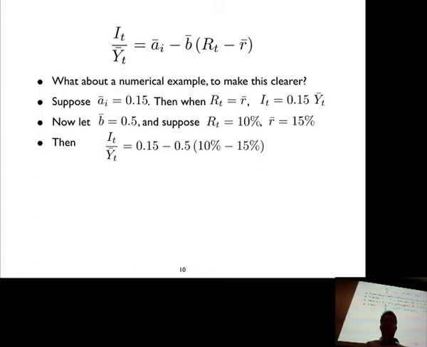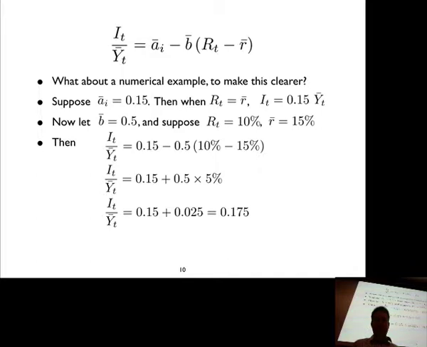So the issue here is just getting the signs right. 10 minus 15 is equal to -5, and then negative 0.5, that's the coefficient, times -5 becomes positive 0.5 times 5. The signs flip here because we've got a negative coefficient times a negative number inside the parentheses. And half of 5 percentage points is 0.025 or 2.5 percentage points.